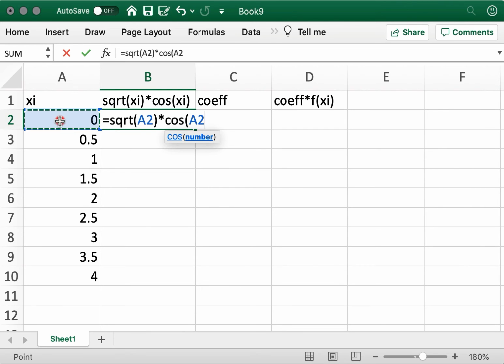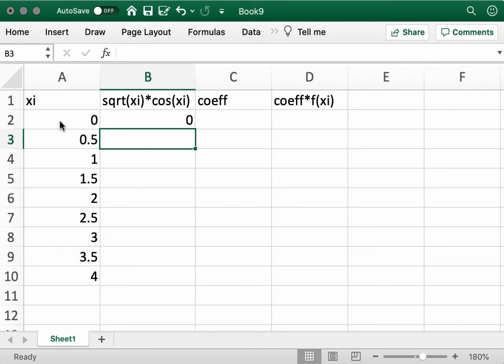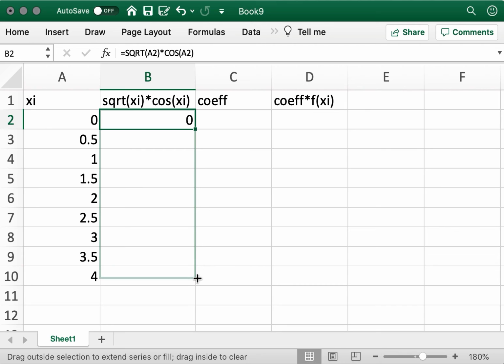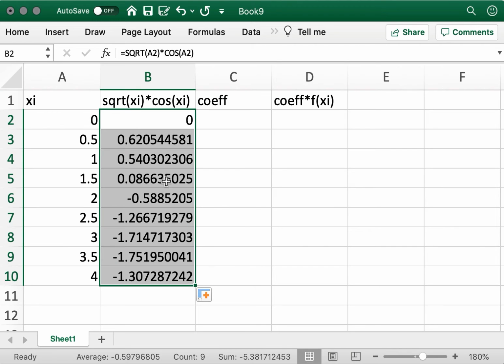Parentheses, times click on the left, enter. It's giving us 0 because we have 0 times whatever. But now I'm going to drag this down, and it fills in all of the values for all of the inputs that we wrote down.